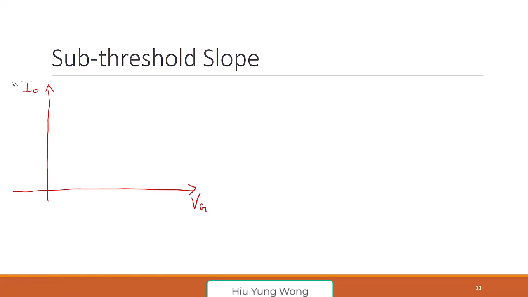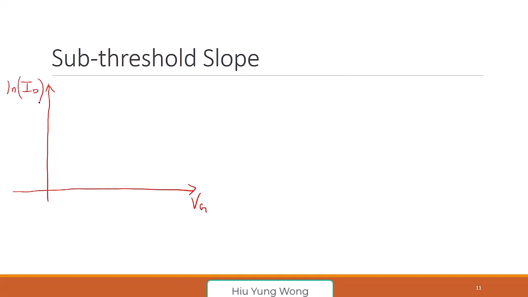I know that some of you can annotate. Does anyone want to annotate my graph? Draw the ID-VG curve? No one?